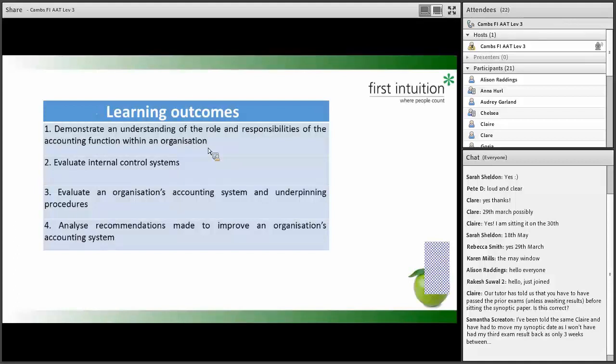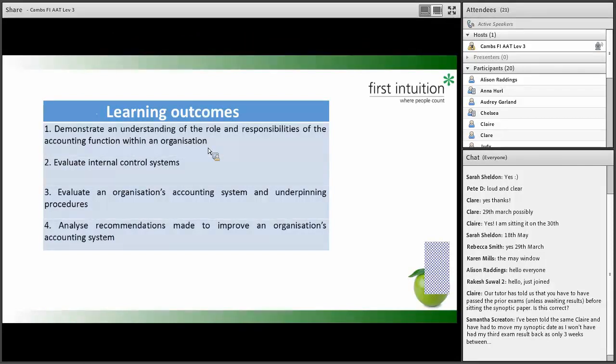So we're going to be tested on how we integrate with those other functions and the kind of decisions that we would have an impact on, and also the decisions that we make, how they'll affect the rest of the organisation. The accounting function also needs to comply with regulations and standards. So we've got our financial statements of limited companies coming in there for our regulatory requirements.